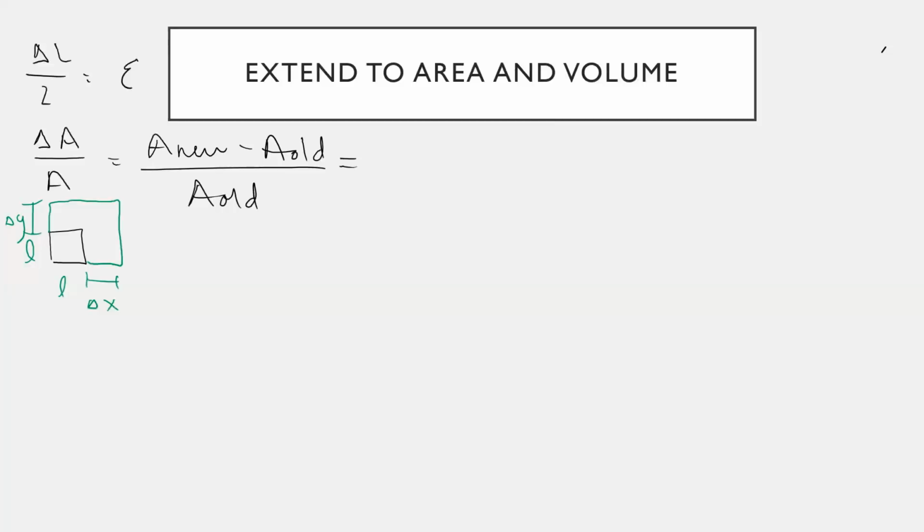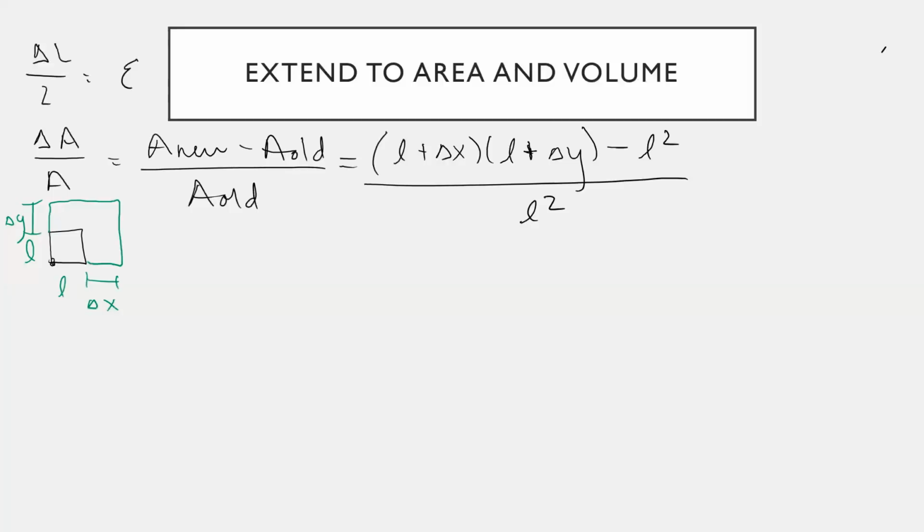How do we calculate the final area? What's the area of that green rectangle, assuming it starts with a corner here? Perfect. So that's the area of that overall rectangle minus L squared divided by L squared.